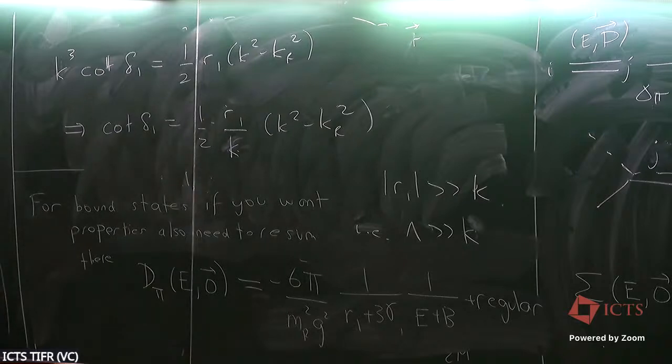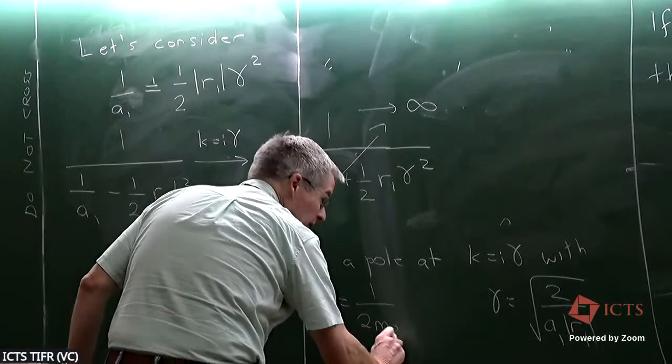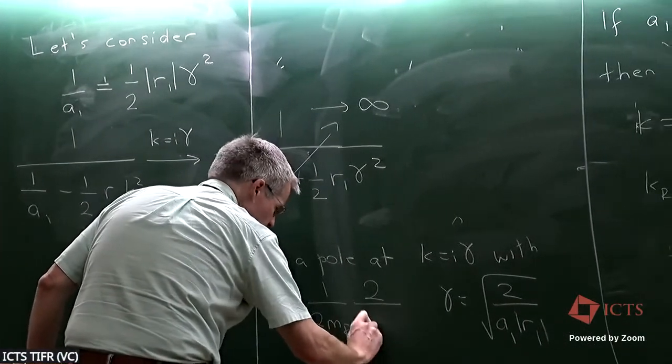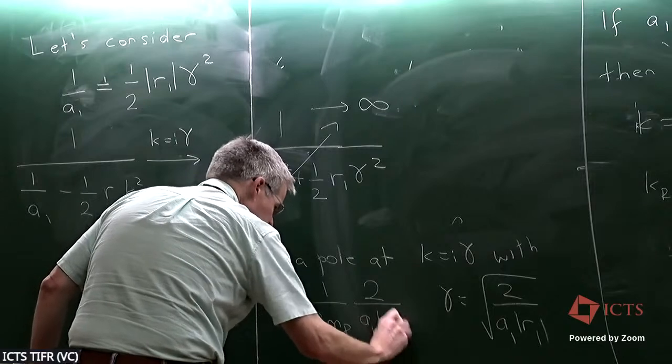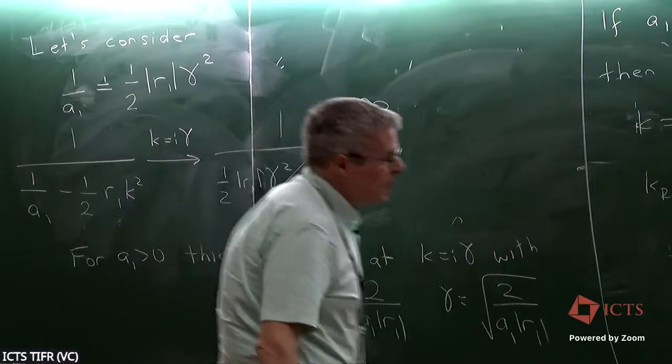This is gamma, so B is 1 over 2 M R times 2 over A1 mod R1.